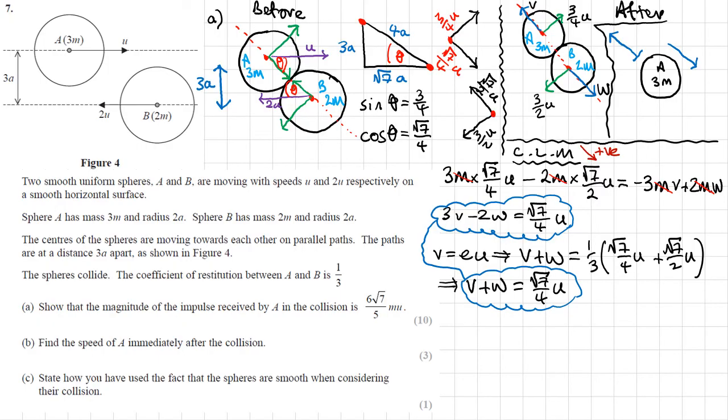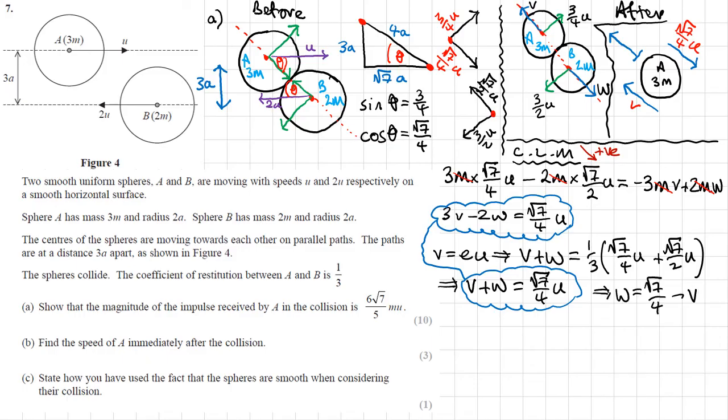So that'll be this one down here. Before, this one up here, like my u in the impulse, is this one here. So it's root 7 over 4u. But what I don't have at the moment is this one, and this is v. So this is why I want to solve these two equations simultaneously to find v, and then I can use that to work out the impulse.